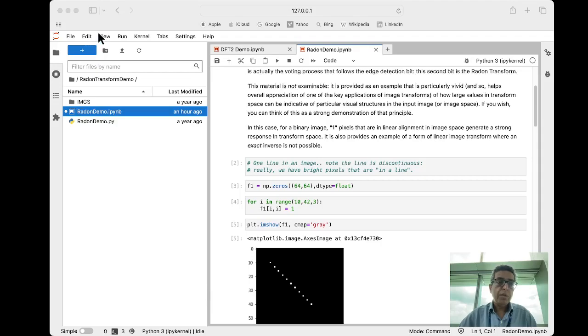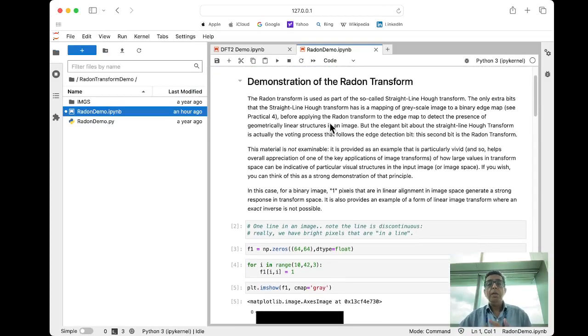So the radon transform was used quite a lot in the early days of X-ray CT, where it gave mechanisms for reconstructing images from projections of X-ray photons through a patient.